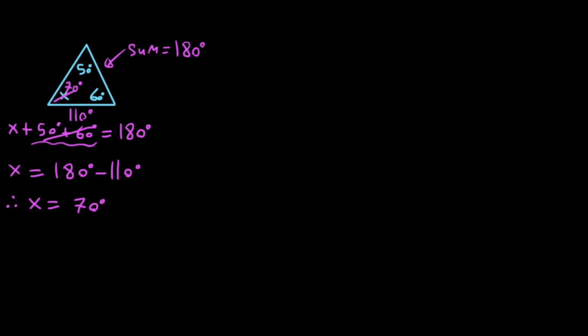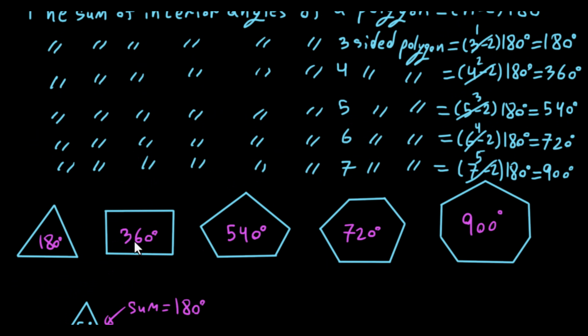Now let's give another example. If we have a shape like this, where this angle is 130 degrees and here 130 degrees, we want to find this x and this x. We know the sum of interior angles of this four-sided polygon is 360 degrees, as we wrote here.